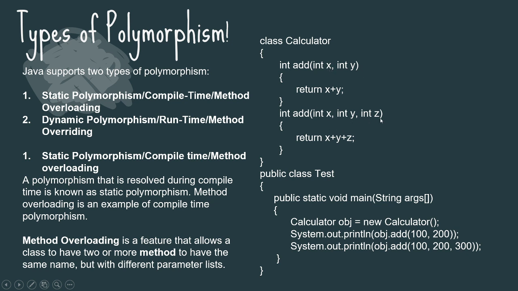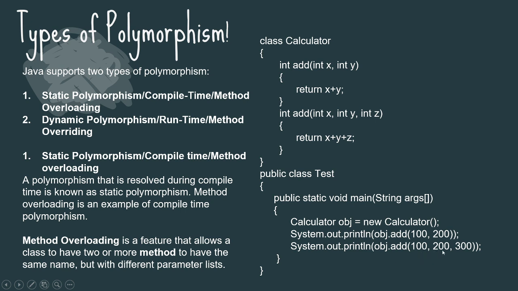x, y and x, y, z. And after writing, you have to run this program by writing the main method, that is public static void main(String[] args), which is very important to write. Then we create an object of the class, and through the object we call the method and pass the parameters. In the first call, two values are passed, and then in the second method three parameters are given.